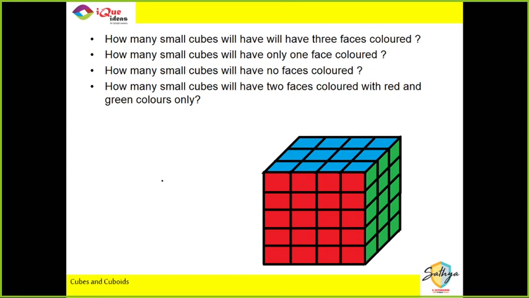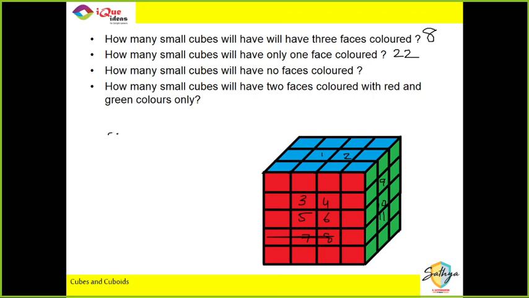Okay, so 3 faces colored, ये तो अपना by default वाला आंसर होता है 8. Only 1 face colored 1, 2, 3, 4, 5, 6, 7, 8, 9, 10 and 11. So if I can see 11, that means total 22 are there. 0 faces colored.